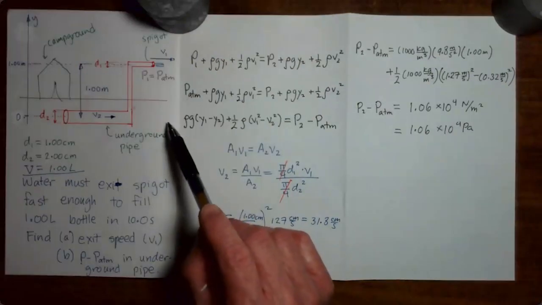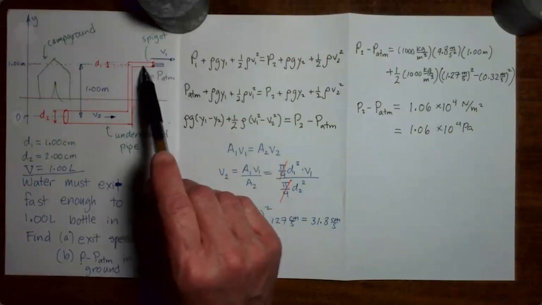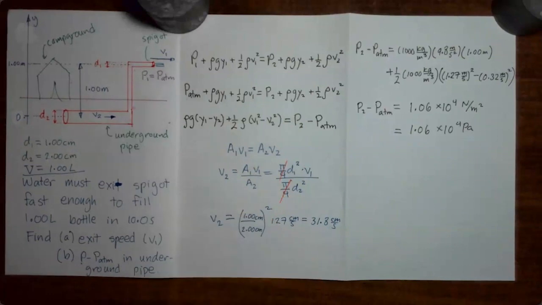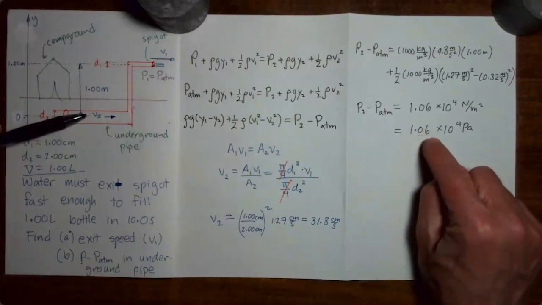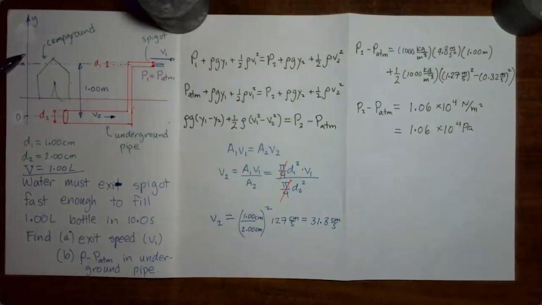So coming back to the original figure, the pressure at the exit is the same as atmospheric pressure, but then going down to the underground section of the pipe, the pressure down here would be 1.06 times 10 to the 4 pascals greater than atmospheric pressure. So now we have solved a second example problem using Bernoulli's equation.